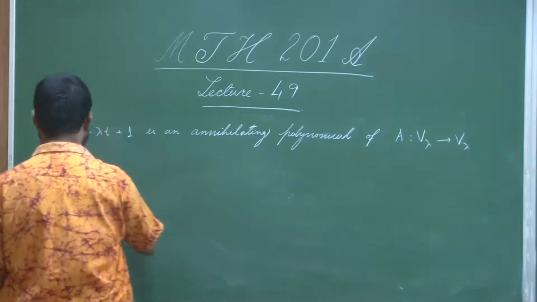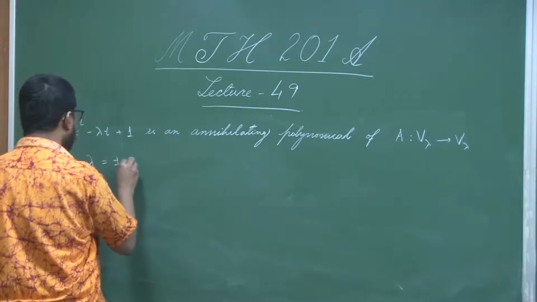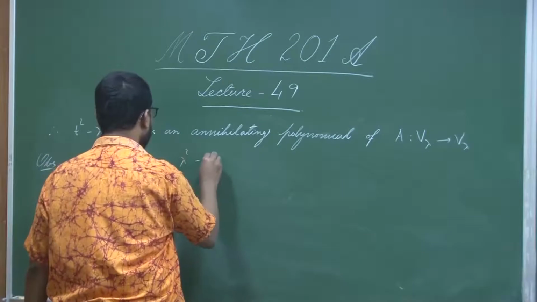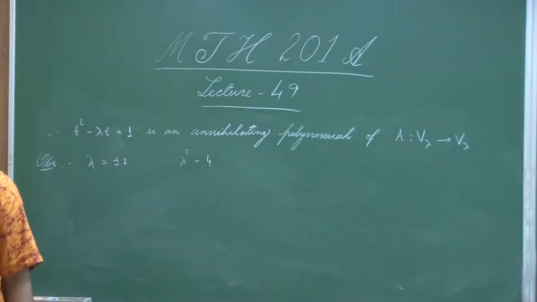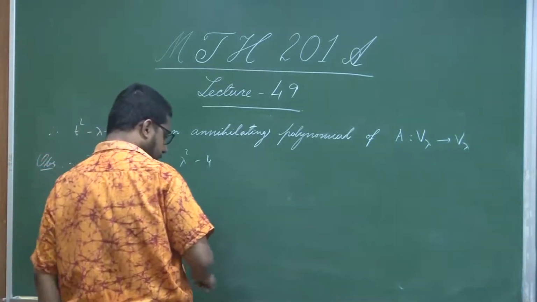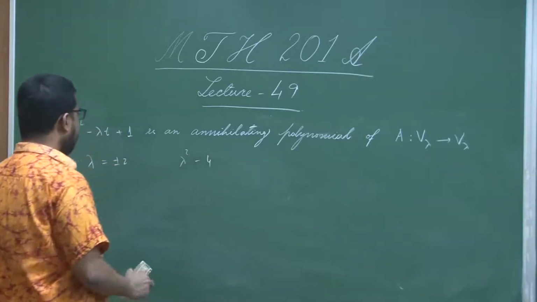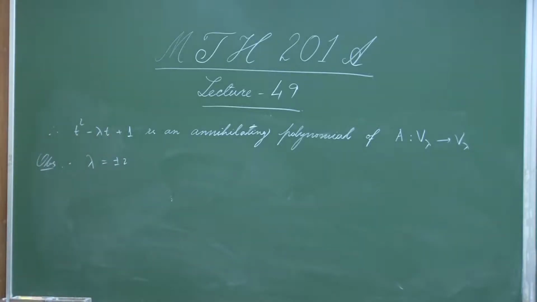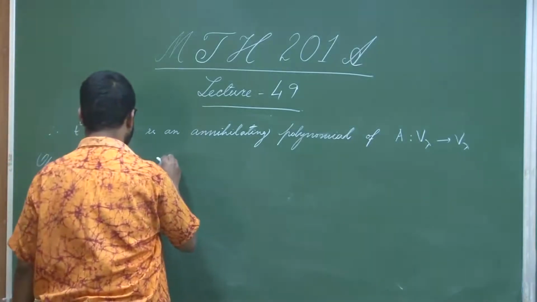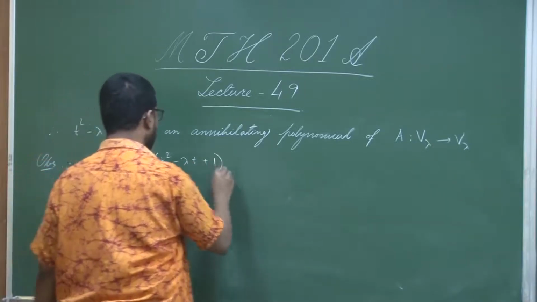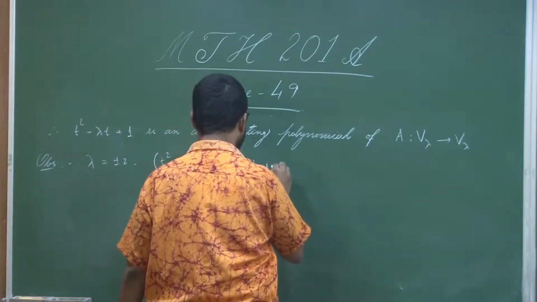It is easy to see, the observation is, what about the discriminant here? Lambda square minus 4. So the discriminant is lambda square minus 4, so if lambda is equal to plus minus 2, then this is nothing but a perfect square.